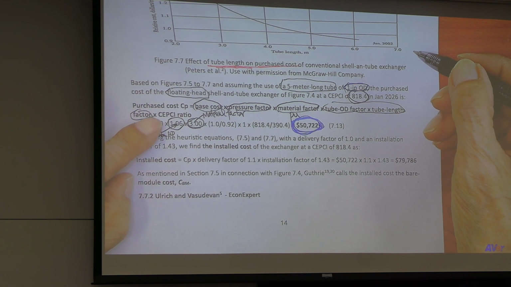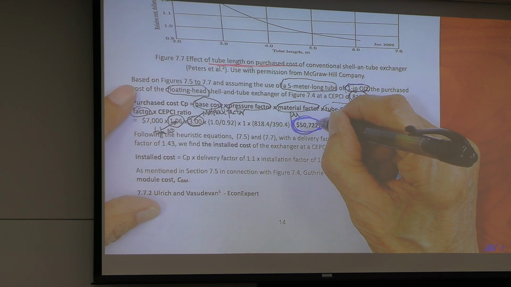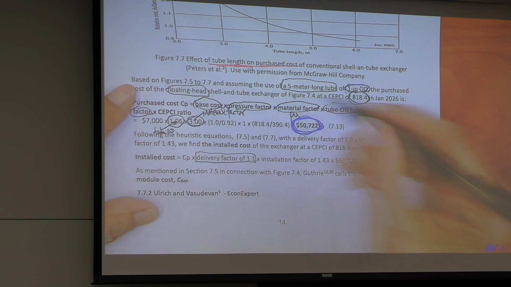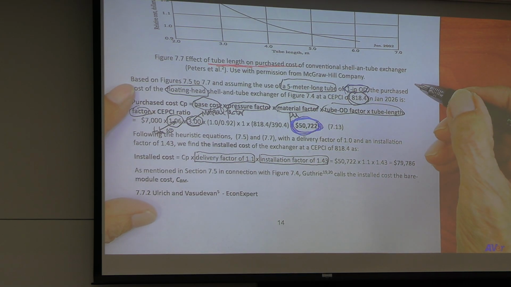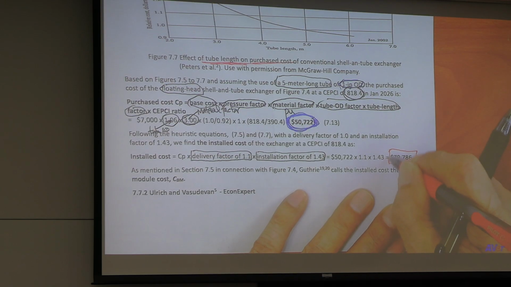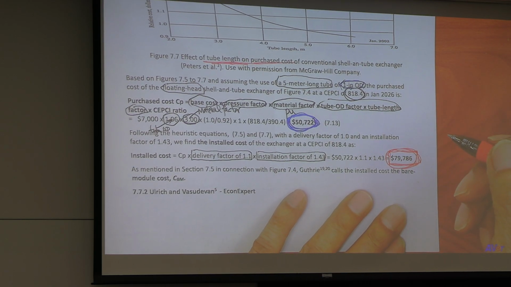Cost ratio, this is purchase cost. Delivery factor 1.1. Installation factor 1.43. The number you have is 79,786.